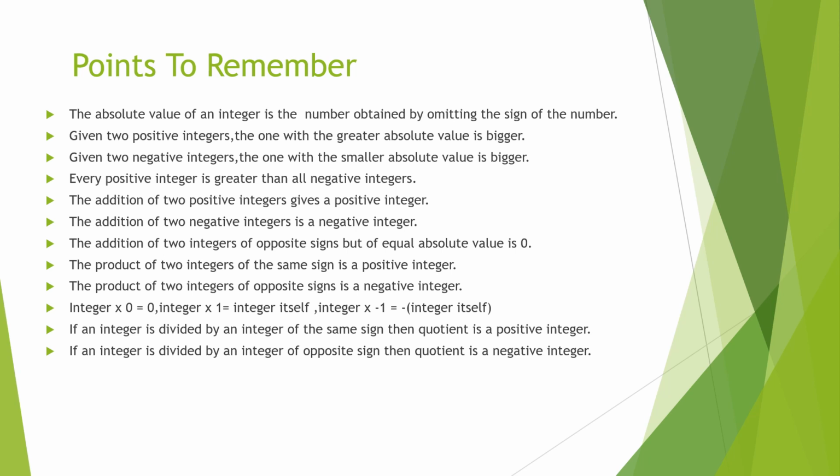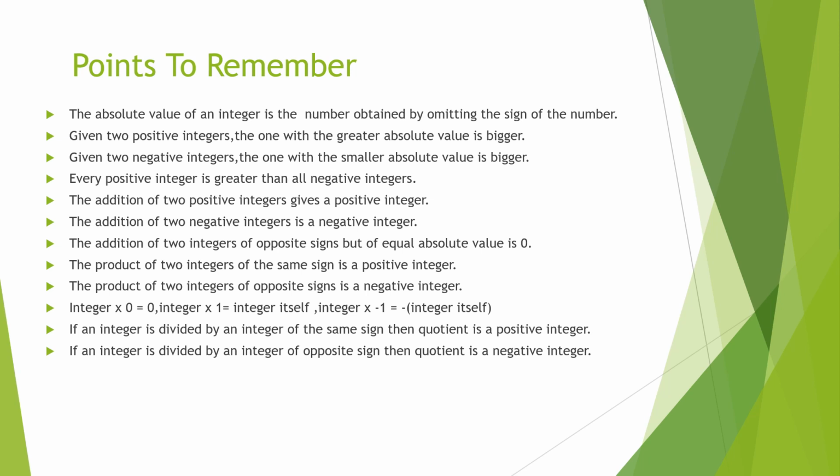Points to remember. Let us revise what we have learned in the chapter. The absolute value of an integer is the number obtained by omitting the sign of the number. So, if we have to find the absolute value of an integer, we have to omit its positive or negative sign. Given two positive integers, the one with the greater absolute value is bigger.